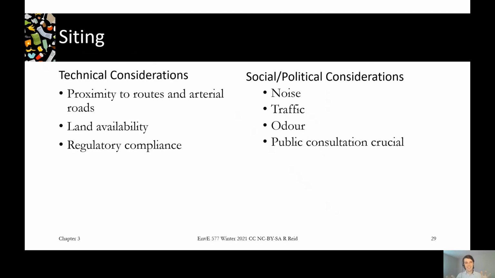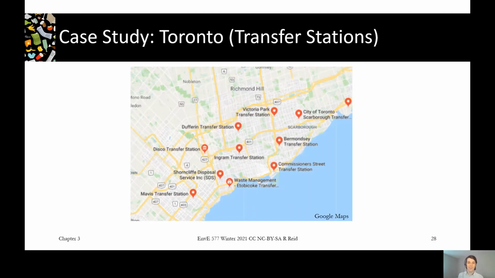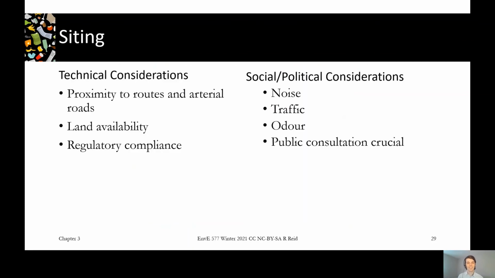So with transfer stations, because they're right in the city, it's maybe the biggest waste infrastructure people will see in their day-to-day. They can kind of flare up as issues of public contention. So public consultation is really important around transfer stations or anything that's right in the city or close to the city, but that often happens around transfer stations.